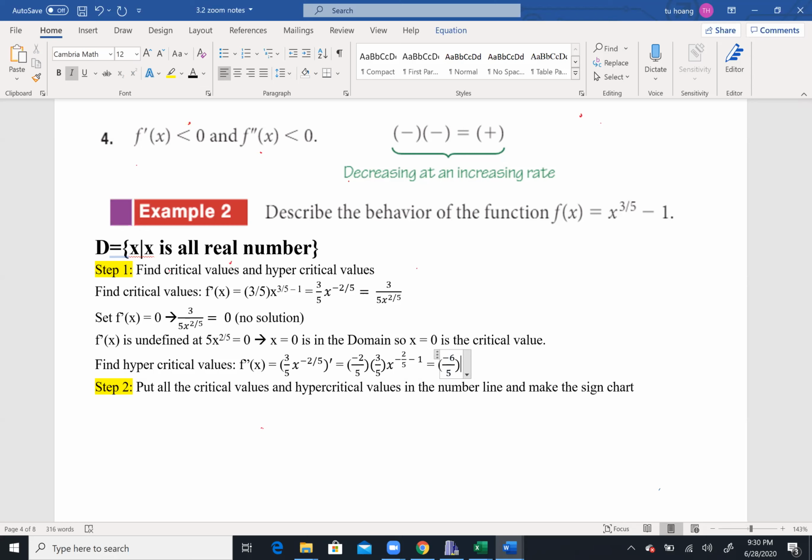-6/5 times x to the power -2/5. I need to copy this.